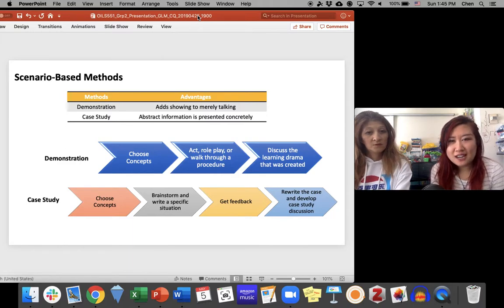So let's dive right into the first alternative method other than PowerPoint. The first one is called scenario-based methods. In this category, there are 2 types. There's a demonstration, there's a case study. Case study is something that I think a lot of people are very familiar with.